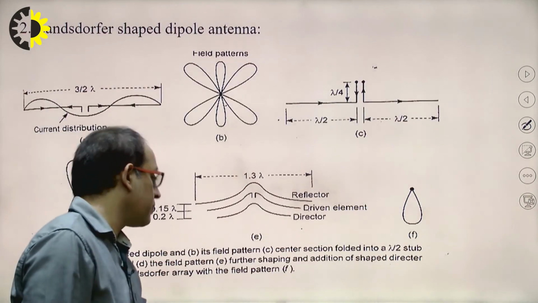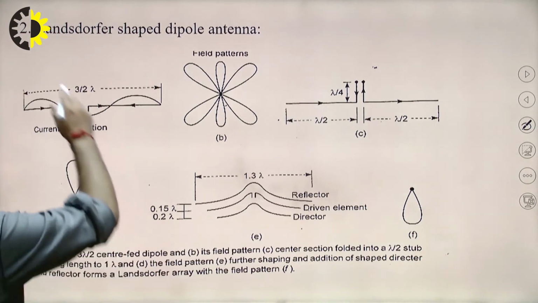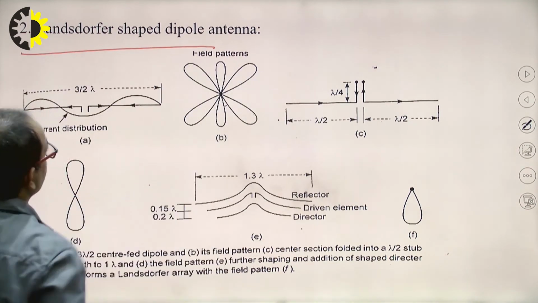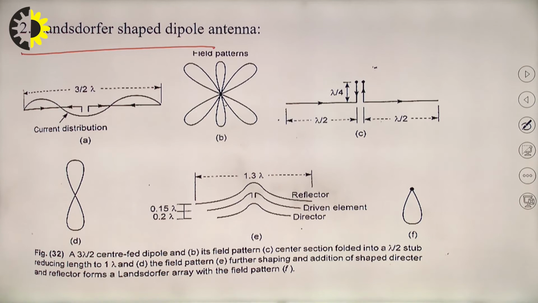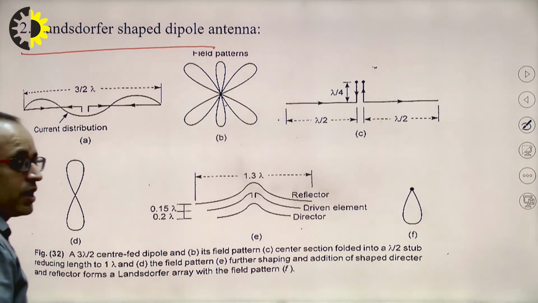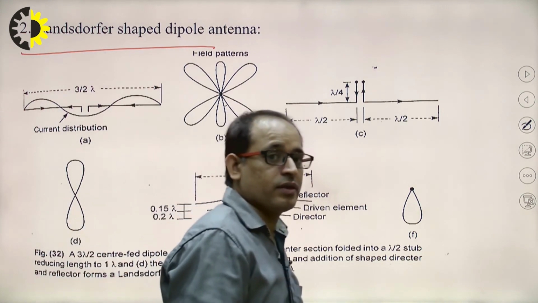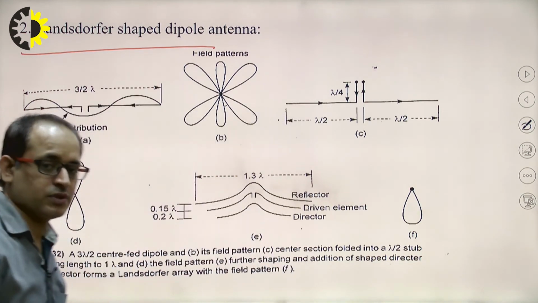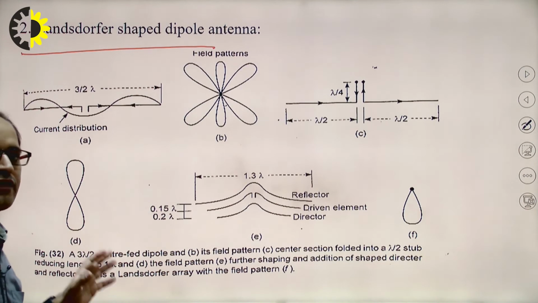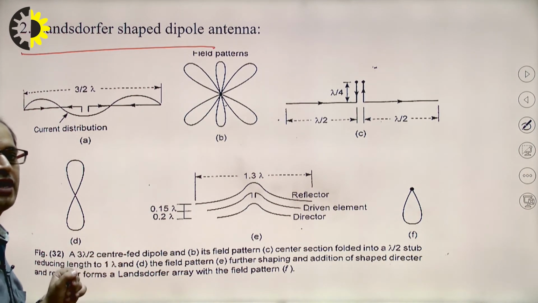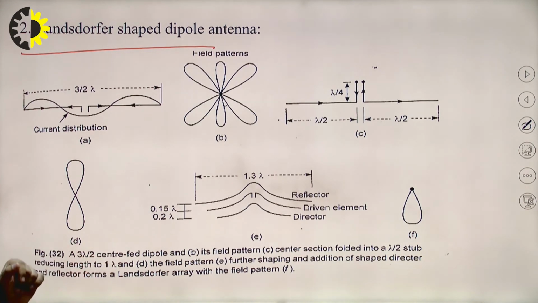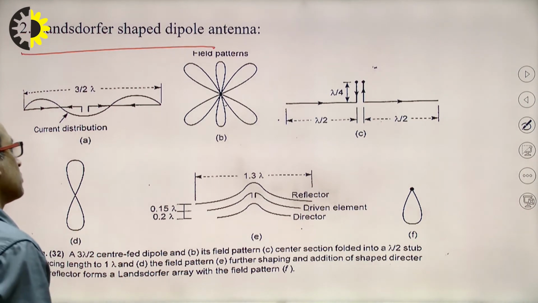Another one is the Darfur shaped dipole antenna. In this, we have analyzed the Yagi-Uda antenna: if I change the length of the driven element, then the radiation pattern will also change. Now see this one.